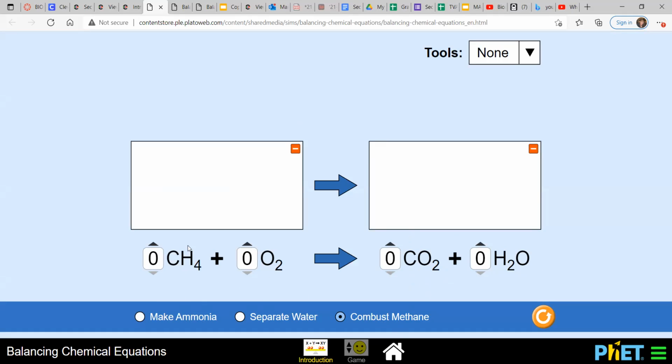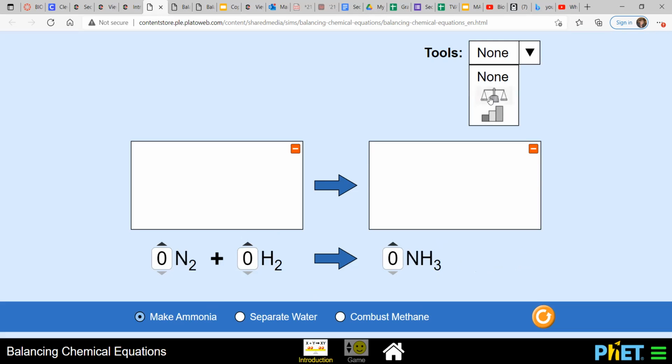Methane is CH4. You add a little bit of oxygen, and you get these products, CO2 and H2O. That will be the result of all combustion reactions, so CO2 and H2O.